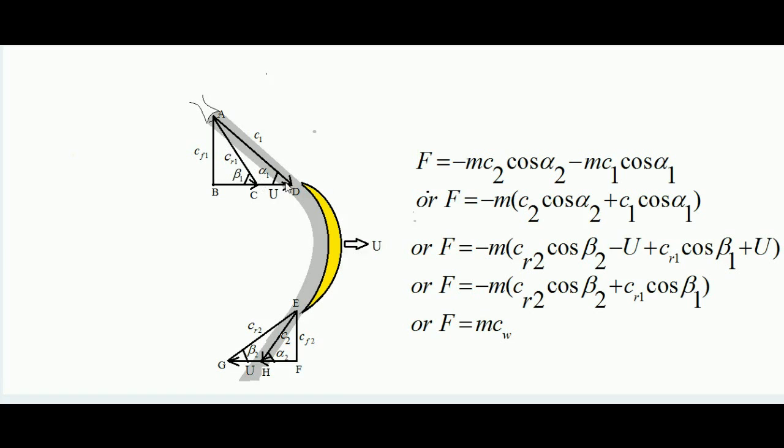It is like this in case the blade is moving with velocity u in the positive direction of x. Similarly, over the outlet, the horizontal component of the velocity of steam is equal to c2 cos alpha 2. So FH represents the velocity of steam in the horizontal direction over the exit of the blade.